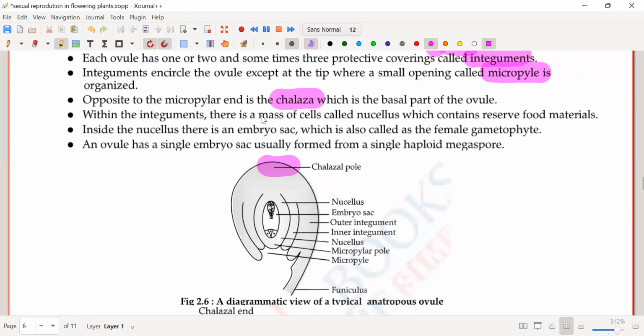Within the integuments, there is a mass of cells called nucellus, which contains reserve food material. Inside the nucellus, there is an embryo sac, which is also called the female gametophyte. An ovule has a single embryo sac, usually formed from a single haploid megaspore.